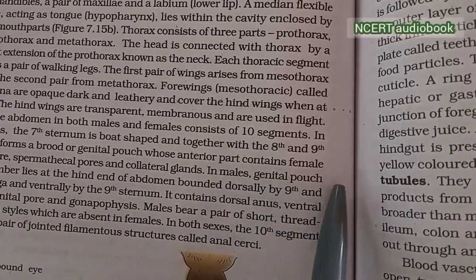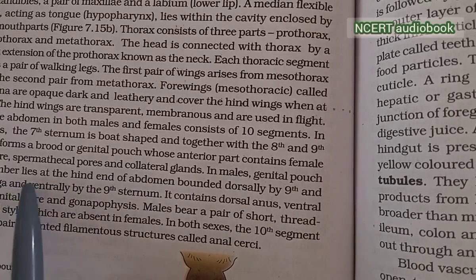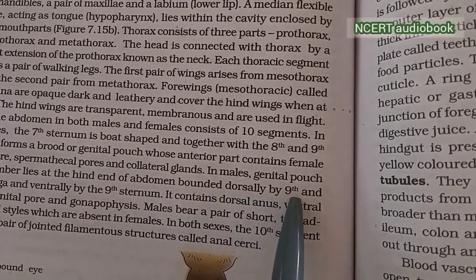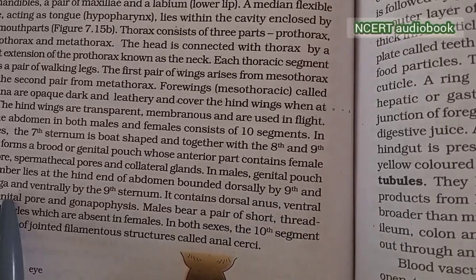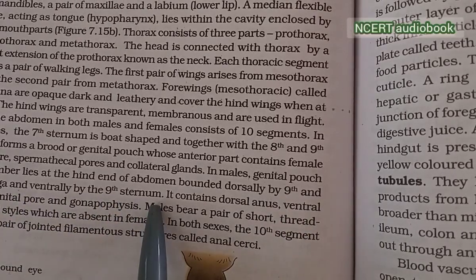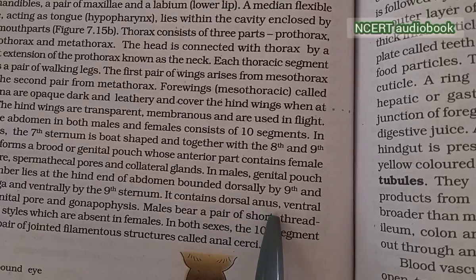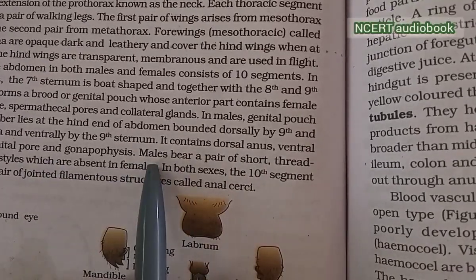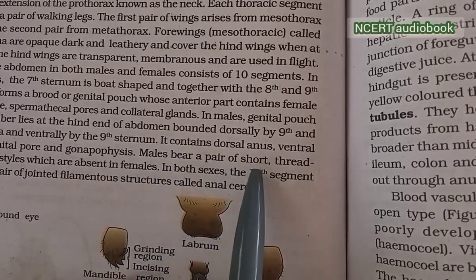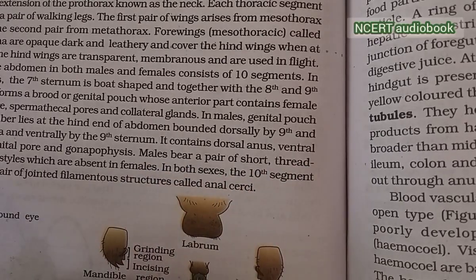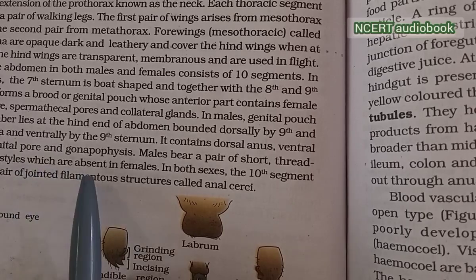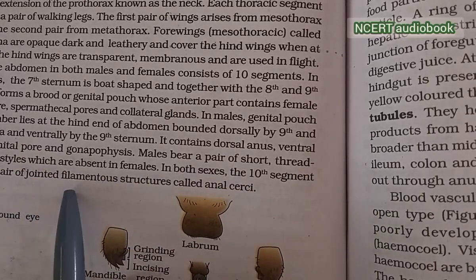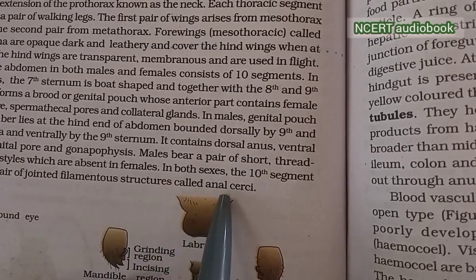In males, the genital pouch or chamber lies at the hind end of the abdomen, bounded dorsally by the 9th and 10th terga and ventrally by the 9th sternum. It consists of a dorsal anus, ventral male genital pore, and gonapophyses. Males bear a pair of short thread-like anal styles which are absent in females. In both sexes, the 10th segment bears a pair of jointed filamentous structures called anal cerci.